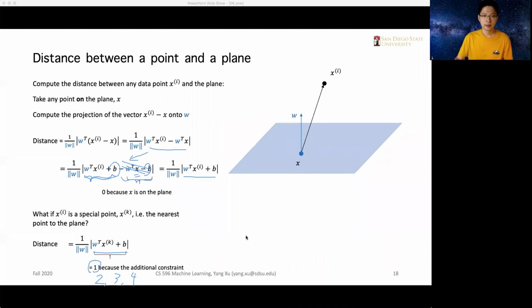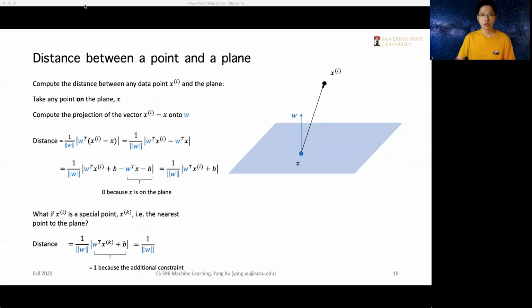Okay. So with this constraint, the distance becomes a very elegant form. It is 1 over the norm of the coefficients of the decision boundary, or the hyperplane. Okay.